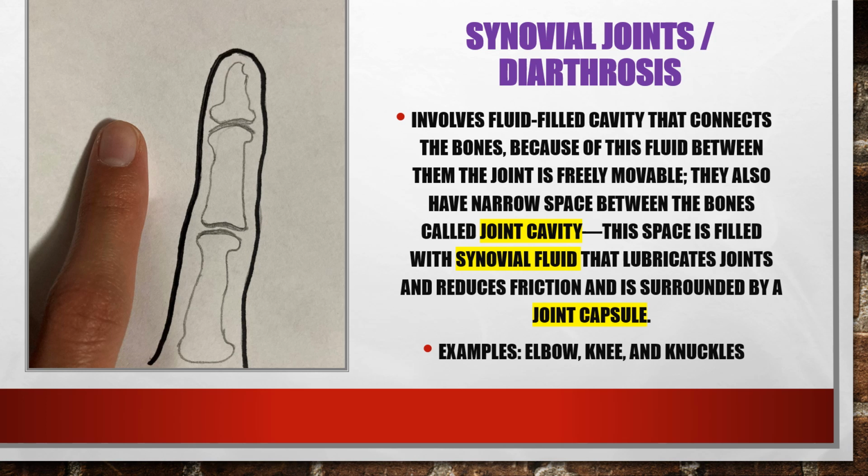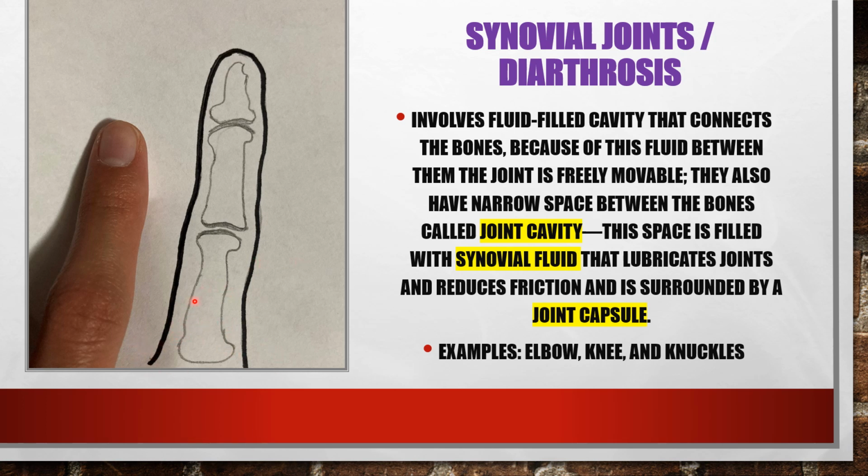So the last joint would be the synovial joint or the diarthrosis. So this is quite common in the body, and it involves a fluid-filled cavity, which is called the joint cavity, that connects the bones because of this fluid or synovial fluid between them, which makes the joint freely movable, like our fingers, our knuckles, our elbow, our knees.